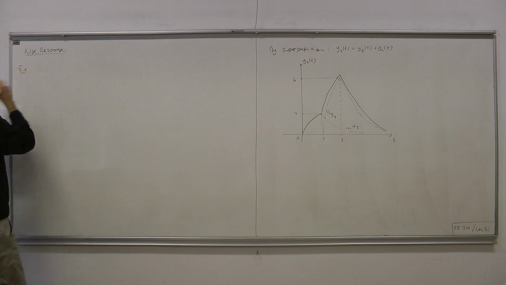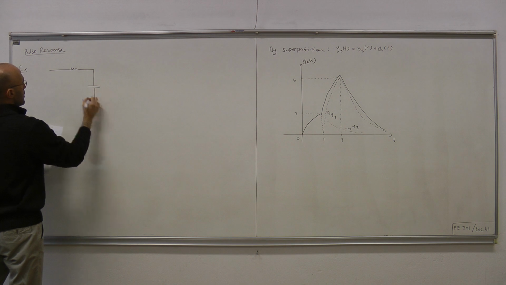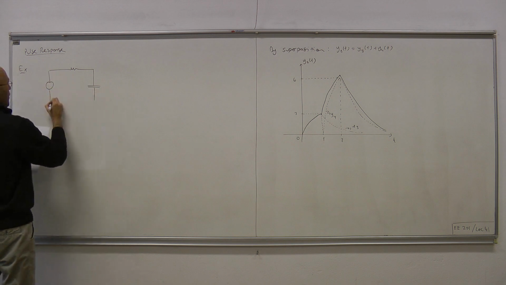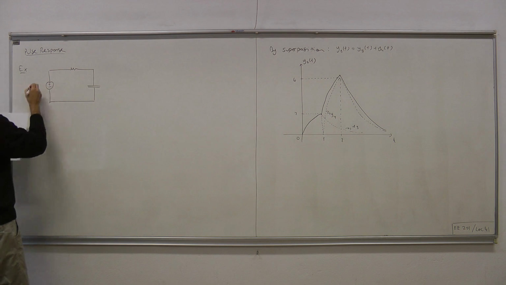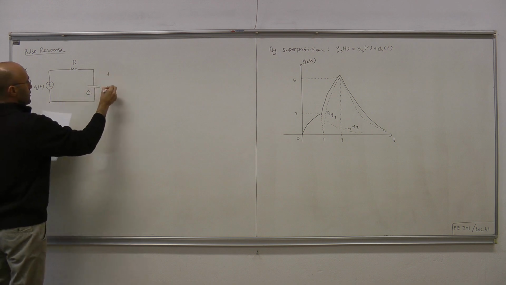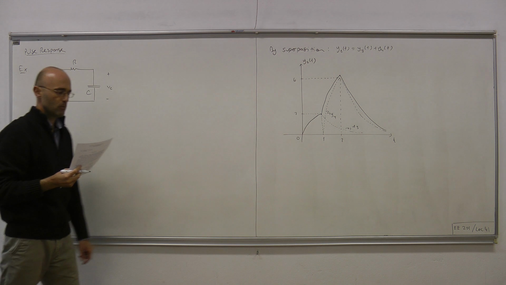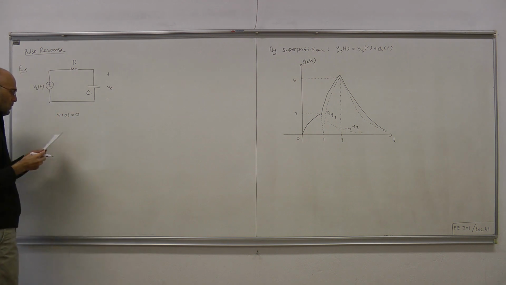Let's deal with the following circuit. Plus minus, Vs of t, R, C, and this is our output variable of interest. VC of 0 equals 0.